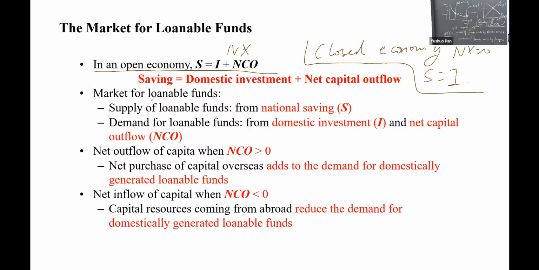Market for loanable funds. No matter whether it's a closed economy or open economy, the supply of loanable funds is the same, just from national saving S. Remember, national saving S equals Y minus T minus C plus T minus G. This is private saving, and that's public saving.